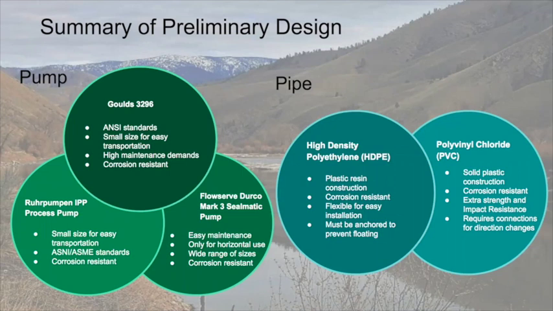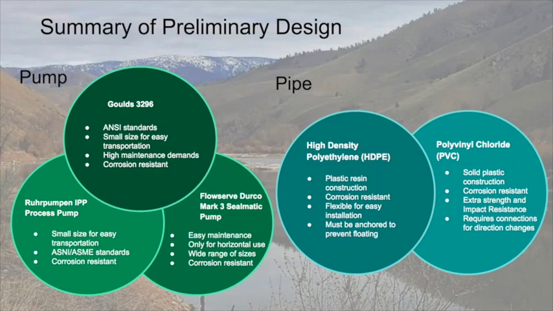Initially we came up with 3 alternatives for our pump and 2 alternatives for our pipe. Our 3 alternatives for pumps all met the requirements of the project, and they were all within the scope of the work.